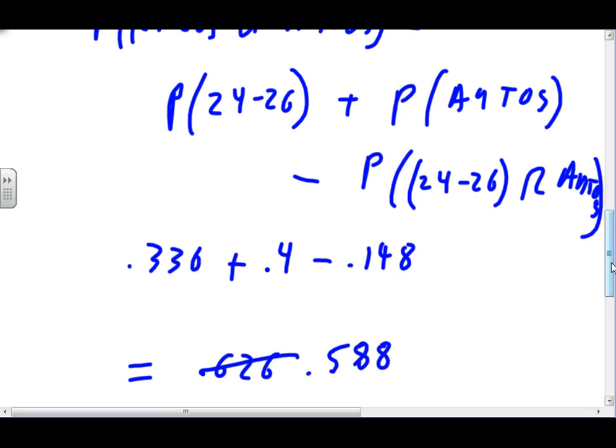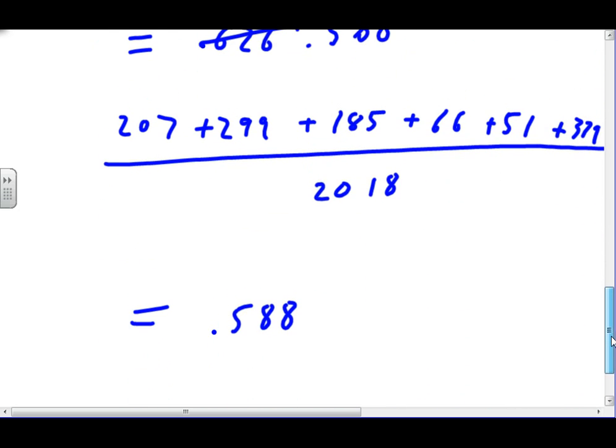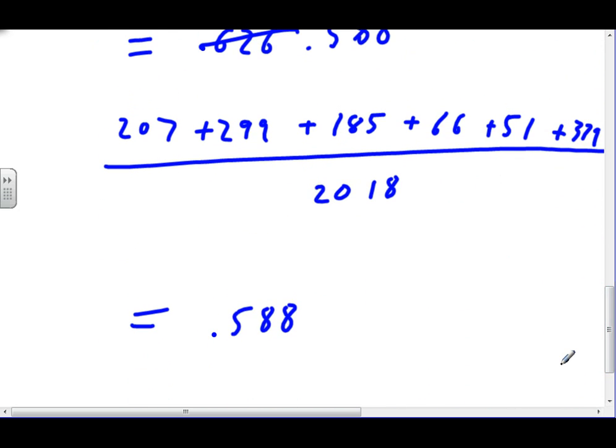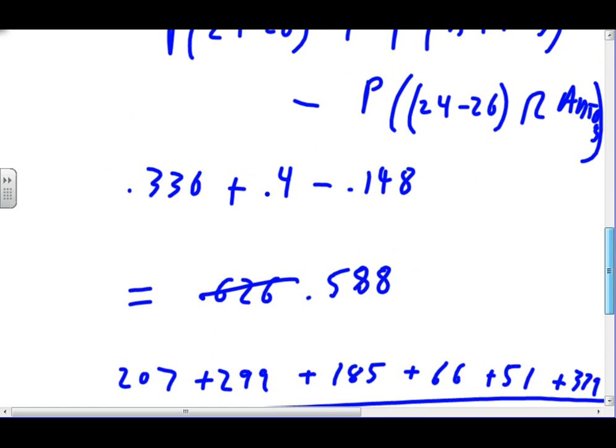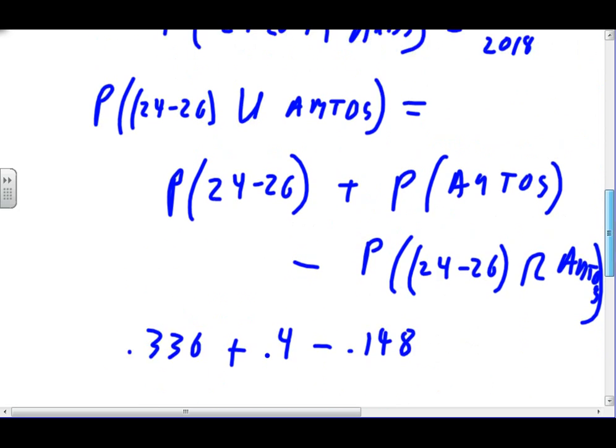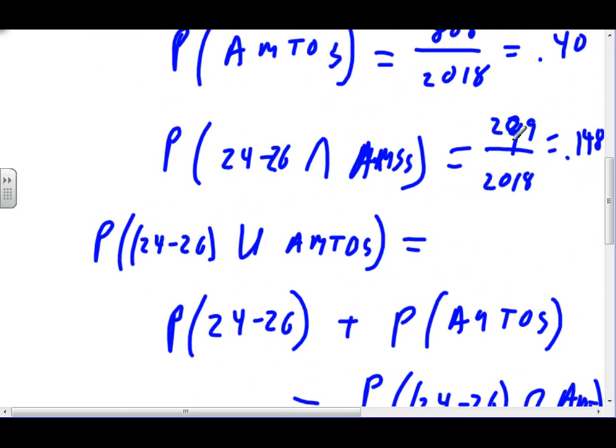So yes, I agree that it would have been simpler to just add them up and divide by 2018, and I would have got the same answer either way. It should have been 299.